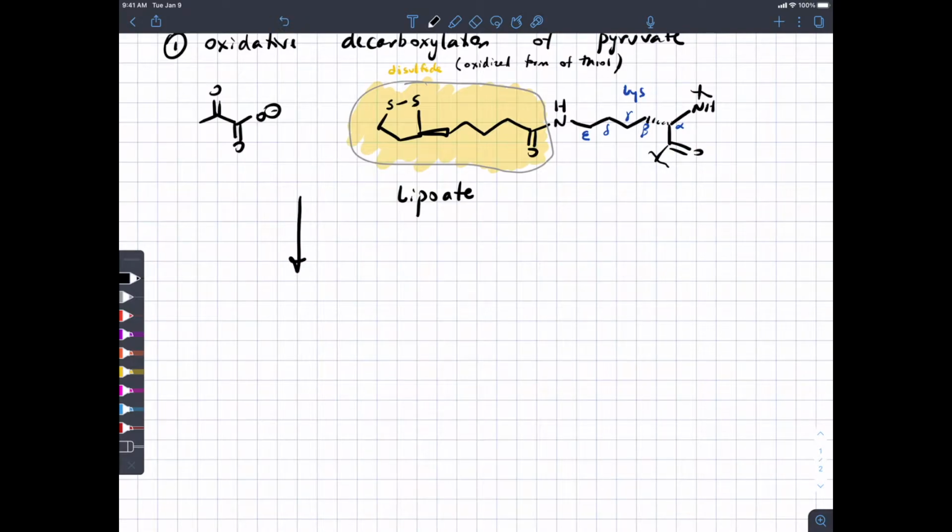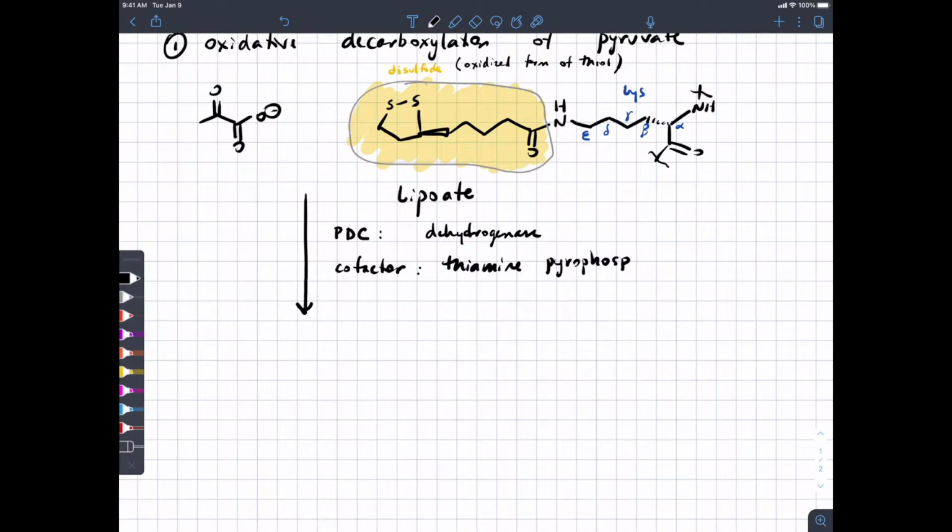We're going to need a cofactor. Oh, I actually do know what the subunit is. It's pyruvate dehydrogenase complex. The subunit is the dehydrogenase portion. And you need a cofactor which is called thiamine pyrophosphate ylide.